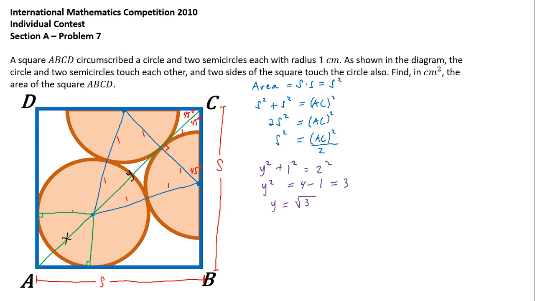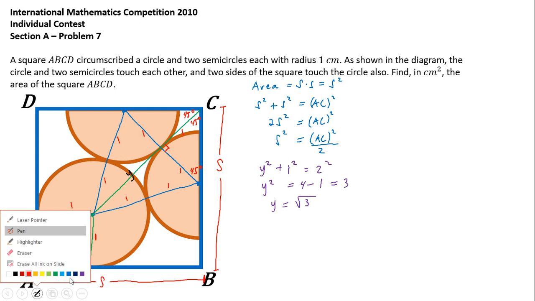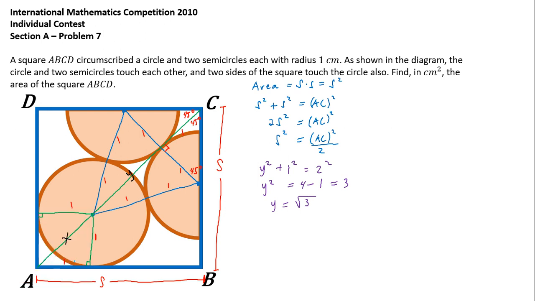So if this is 1, take note this is a square. We form another square, right? So this one here, it must also be 1. This one is the radius, so this is 1. So we can easily see that x squared is equal to 1 squared plus 1 squared by the Pythagorean theorem.